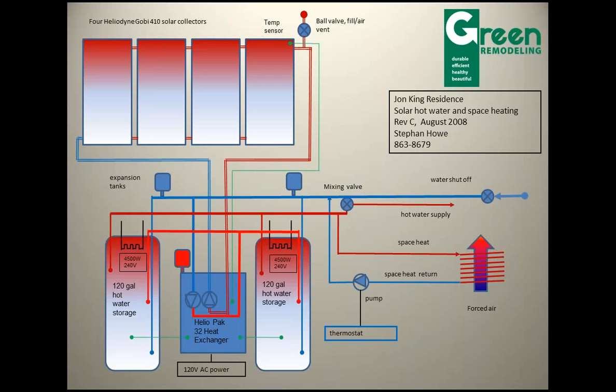And the way heat was transferred to the house, it had a conventional forced air stack, but there was no boiler or furnace. In place of the furnace, water went through a coil that's usually used where you have an air conditioner in the vertical stack. So hot water goes through this coil and into the hot air that then goes into the house. So it's a forced air system, but it doesn't use any natural gas.